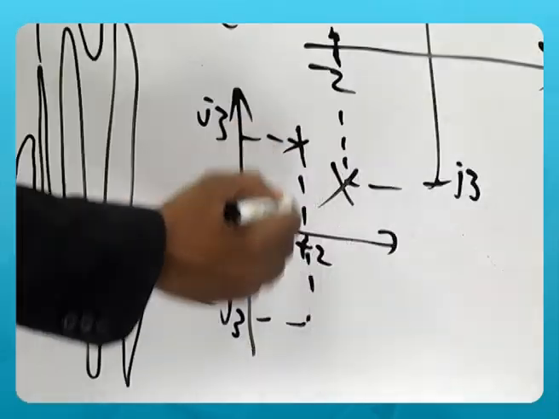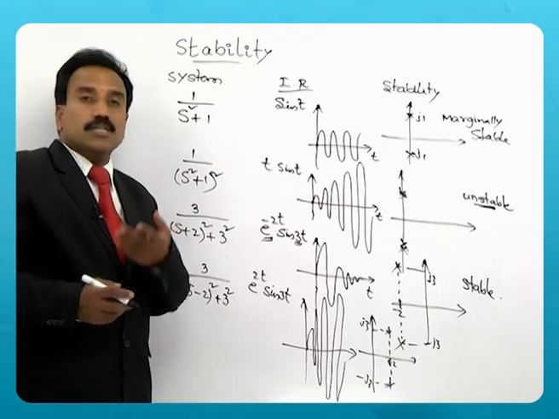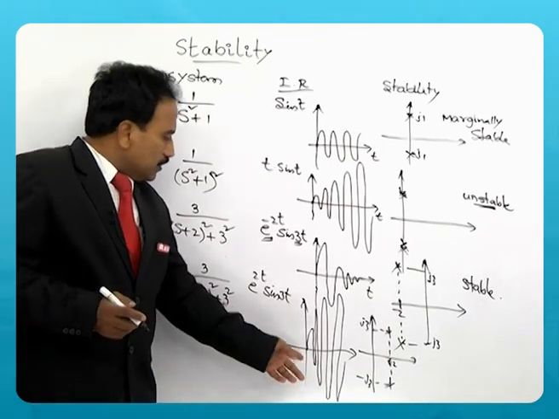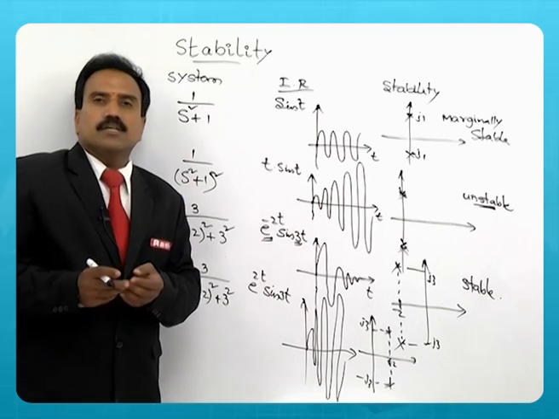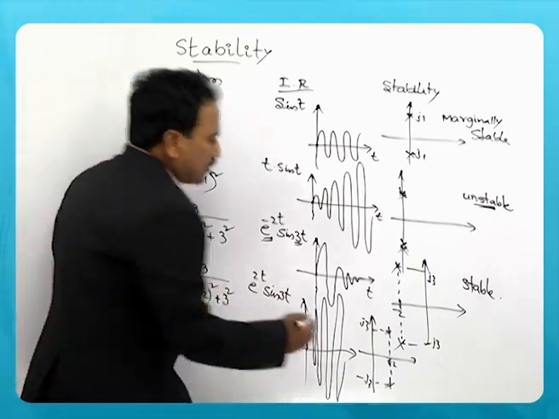So this is the location of poles in the right half. So we say that the system is unstable, and also the impulse response is exponentially increasing.